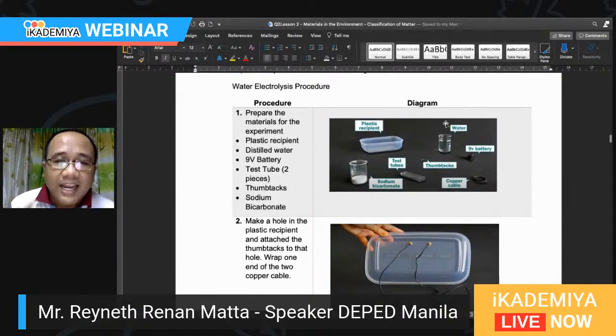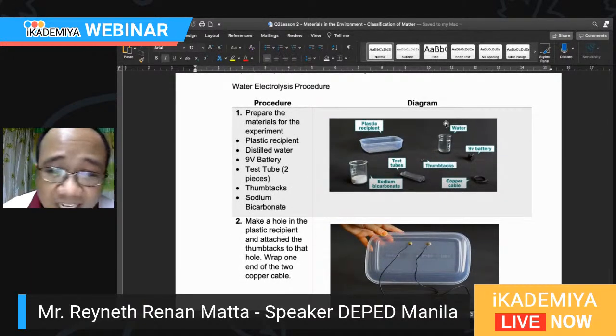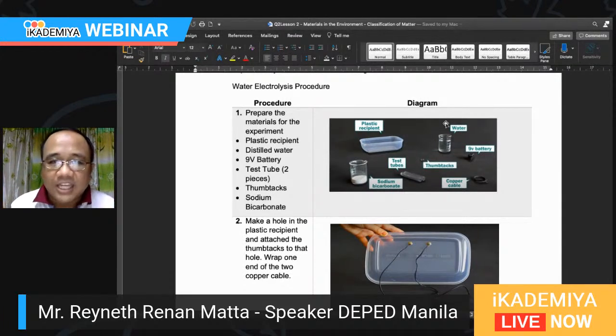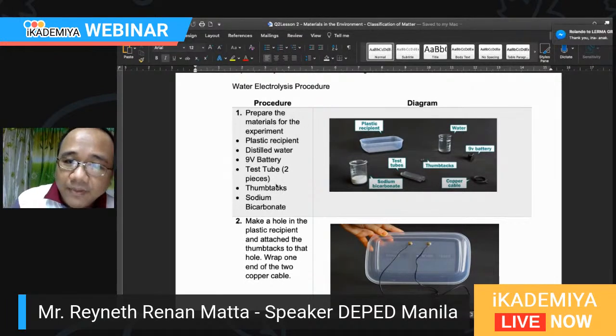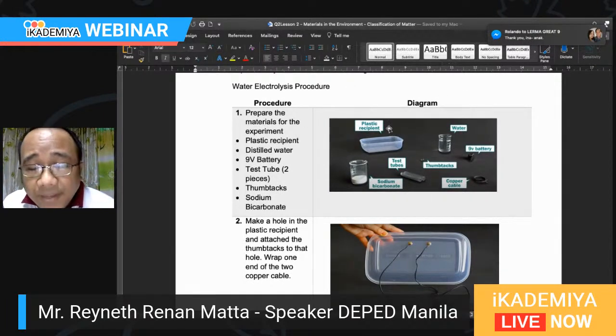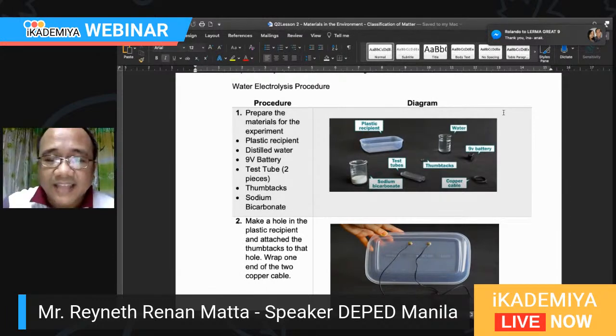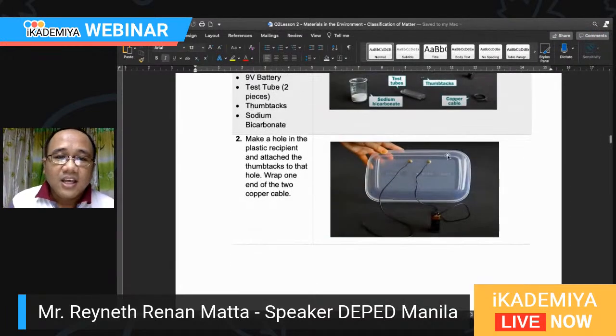This is water electrolysis procedure, but in printed format. Look at the presentation. You have there the procedure and you have there the diagram. Take note that the teacher successfully addresses the learners' needs because majority of our students are visual learners. Therefore, by doing so, the teacher presents the experiment using procedure type but with picture type, or it has an equivalent picture. Okay? Look at that.